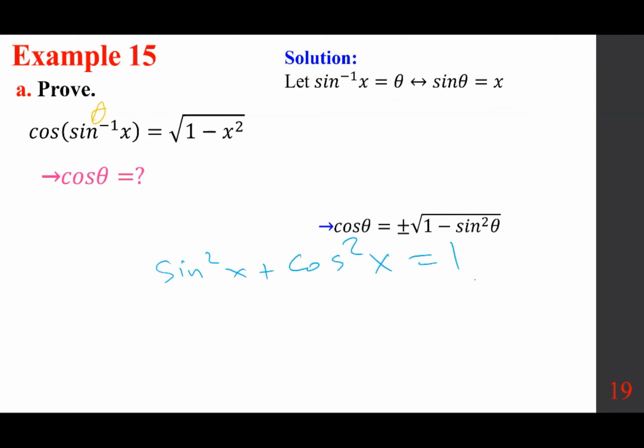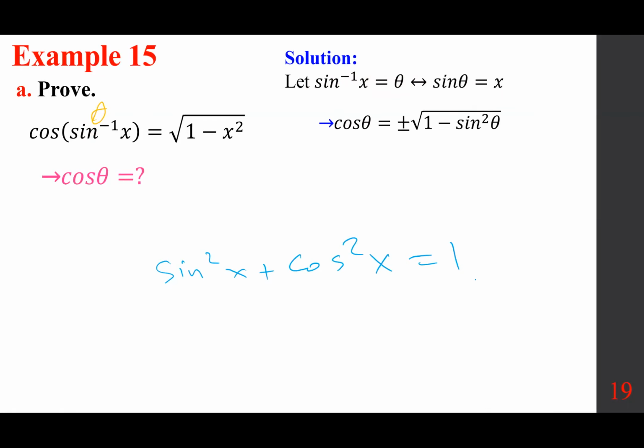For example, cosine is plus or minus the square root of 1 minus sine squared. Okay, this is one of your Pythagorean identities. So that is the case. And so cosine is one of those two, and we're going to take the positive only.